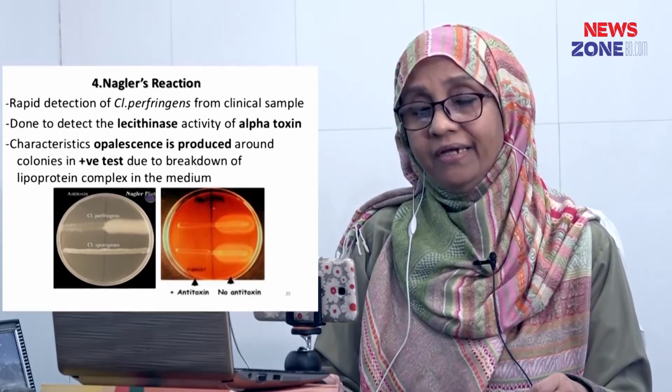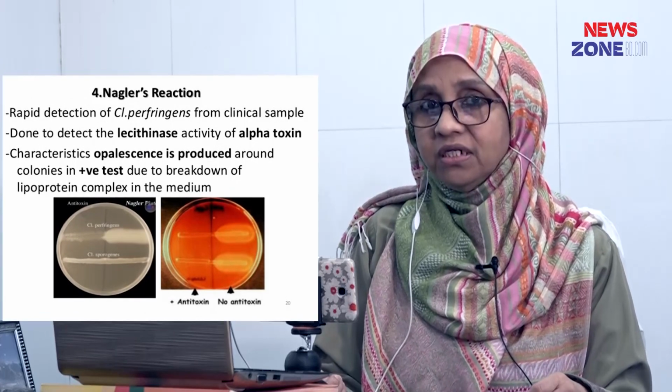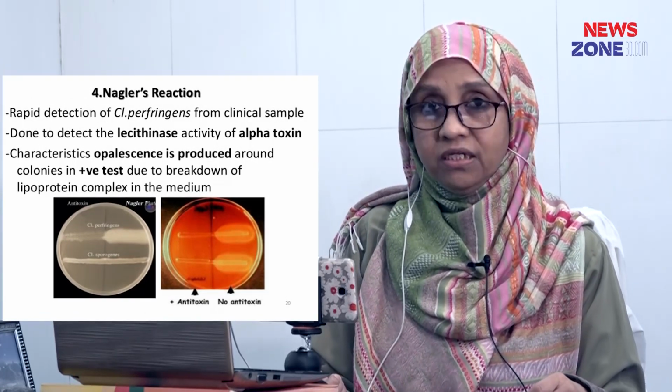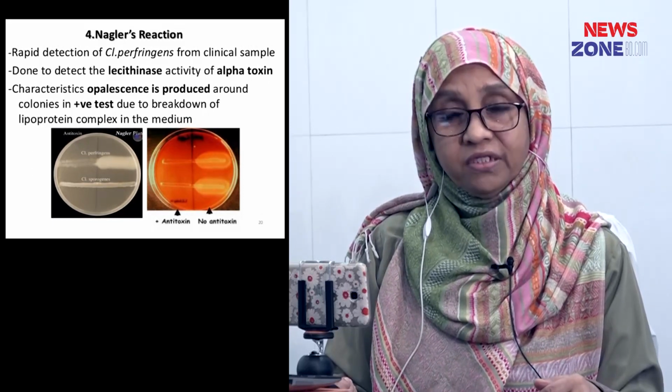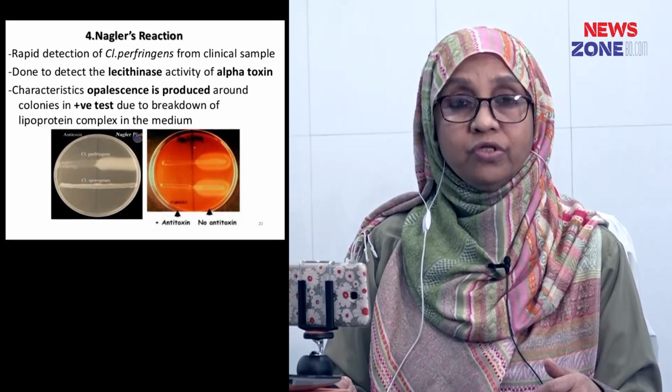I have a slide here to show you Nagler's reaction. It is also done to see the toxin, to identify whether the organism is present, whether it is Clostridium perfringens. Clostridium perfringens produces lecithinase.